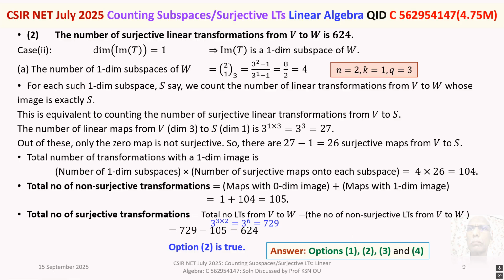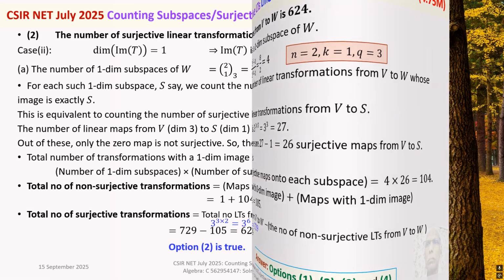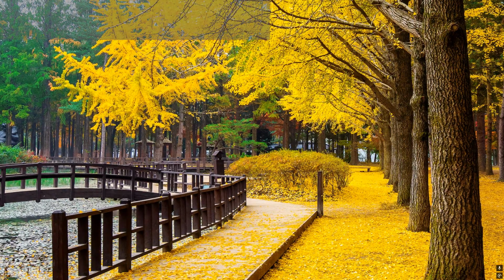I have made an effort to make it clear how to count them, and especially concentrate on option 2. The counting is beautiful, so learn the counting, and I am sure that you have understood the solution of this problem.